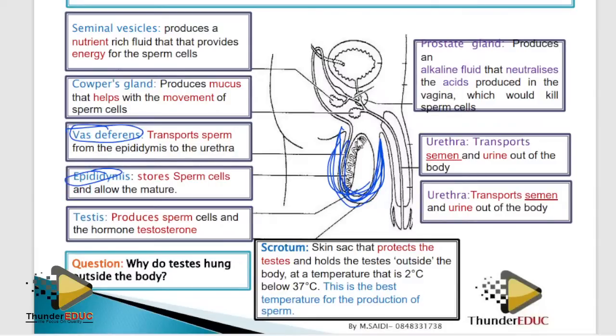Students make the mistake of saying sperms are produced 2 degrees less than what? You have to be specific: less than body temperature, or sperms are produced at 35 degrees Celsius. So be straight to the point. Please don't leave your answers hanging, because we won't give you a tick if you don't complete your statement.